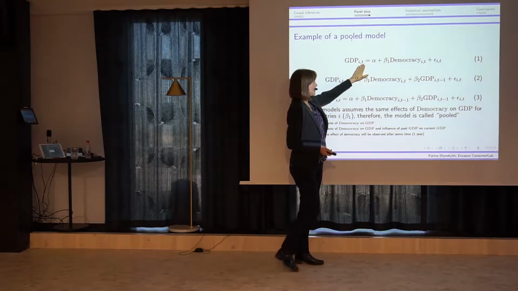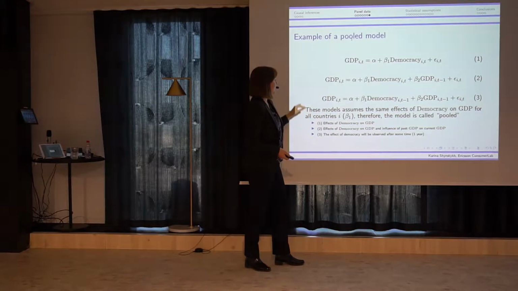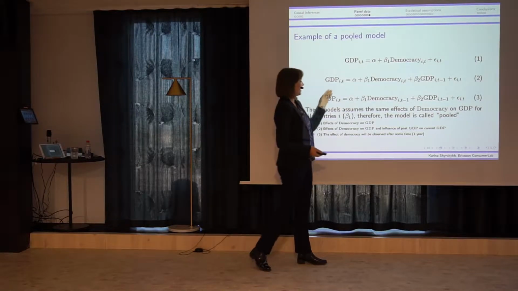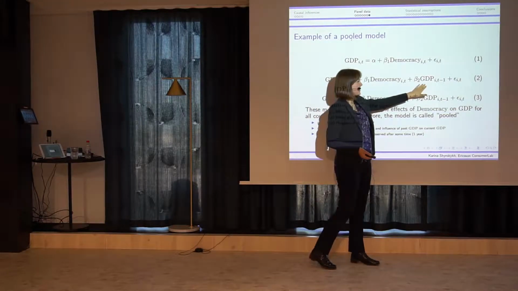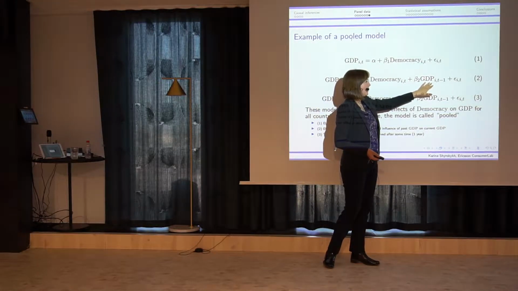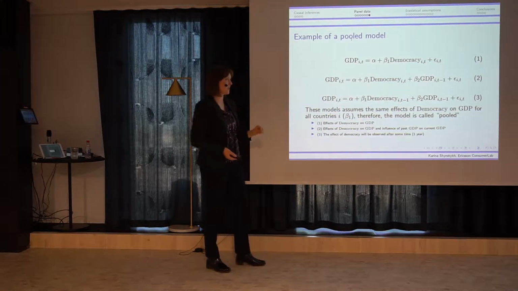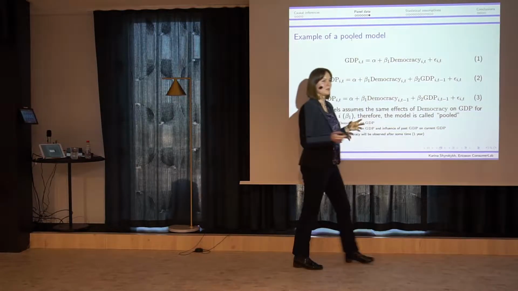We can see that there is a time period t here and there. So it's a static model, so to say. Then we could also decide to study effects of democracy on GDP, taking into consideration past realizations of GDP. In this particular case, it is needed because here we have a violation of a statistical assumption. Basically, we have autoregression, and I'll talk more about that, so just don't be afraid.